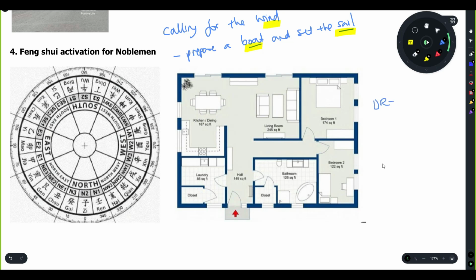So if the direct resource is weak and it is favorable, then one can consider activating it. Therefore, one is to strengthen it if one doesn't have that resource element.